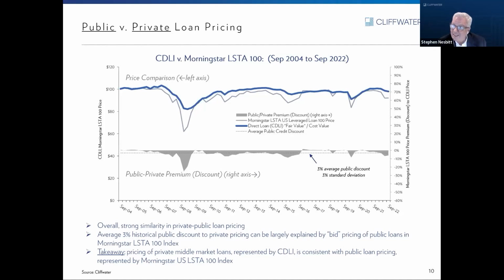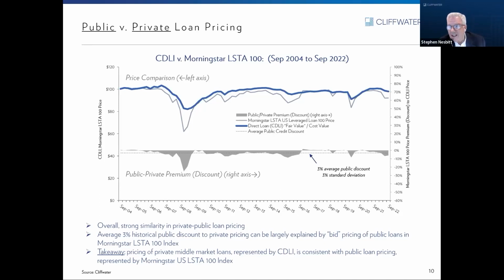So a good chunk of that discount goes away if you consider the nature of the public pricing. Second, there are some other technical issues like original issue discount, but basically there's a technical reason why public loans trade at a discount.